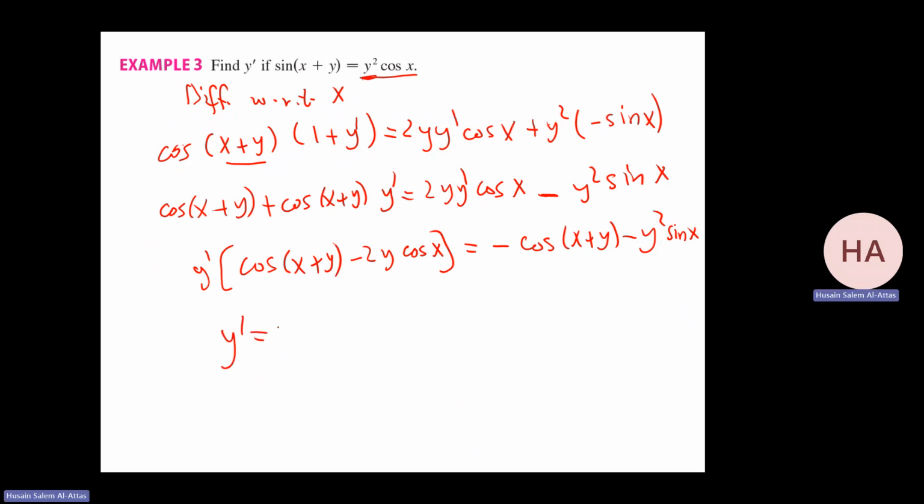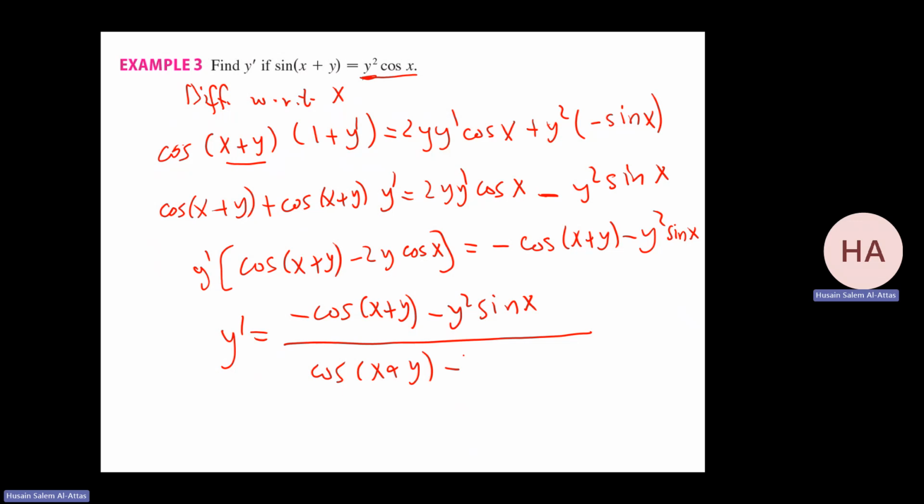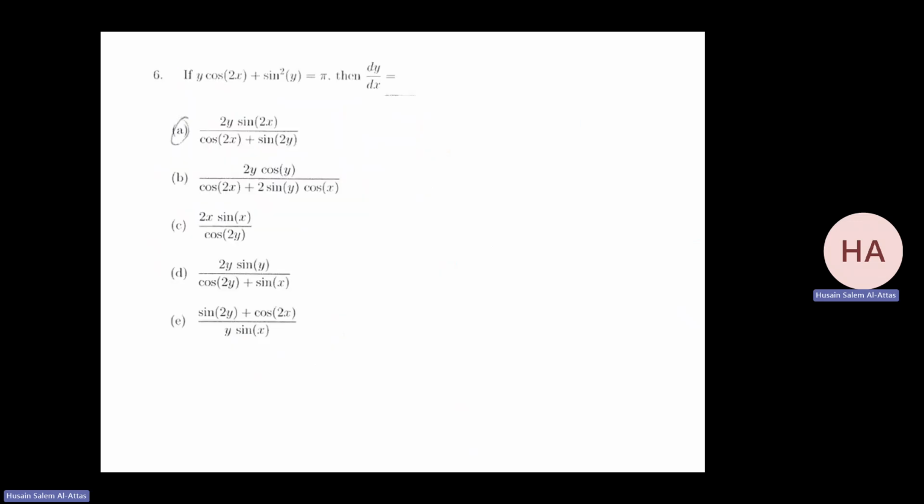So y prime will be this over. You can write it in a different way. You can divide by minus. You can do the things you want. Okay, let me go to all the exam questions related to this, which is very simple.